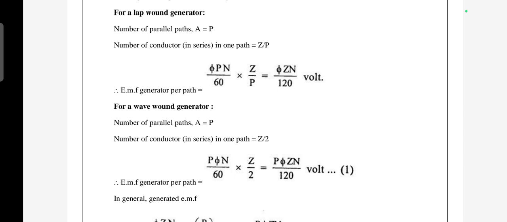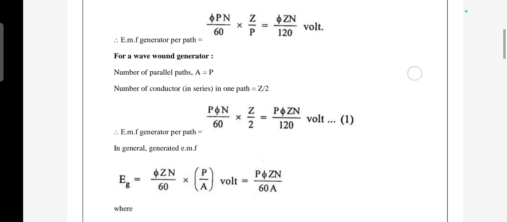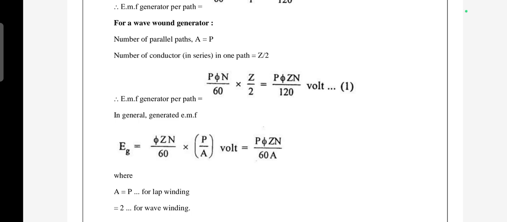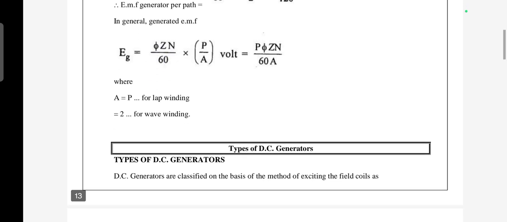So the EMF generated per path is P phi Z N divided by 120 volt. In general, the generated EMF is Eg equal to P phi Z N divided by 60 A, where A equal to P for lap winding, and A equal to 2 for wave winding.